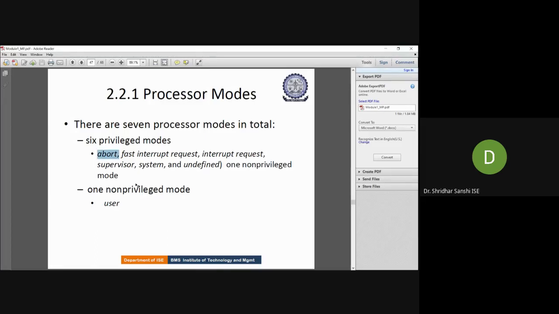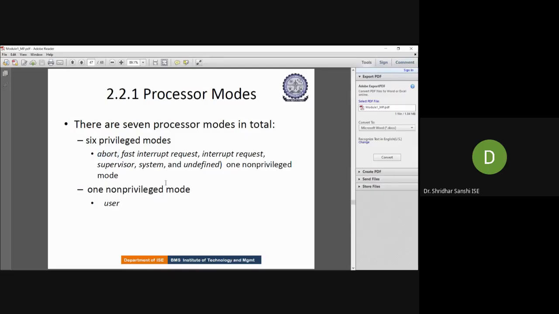And next we have the fast interrupt request and interrupt request modes. And then we have the supervisor mode.